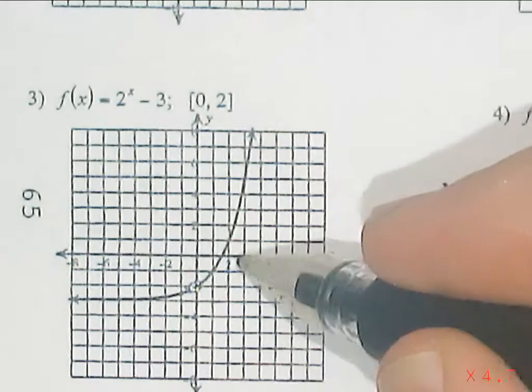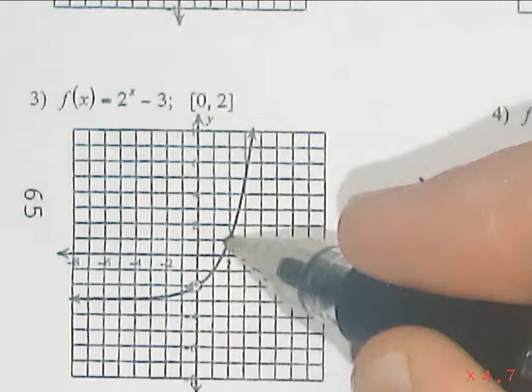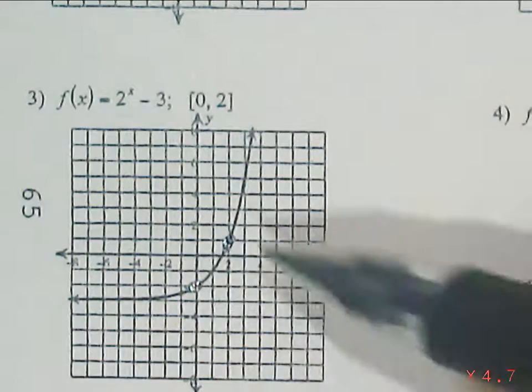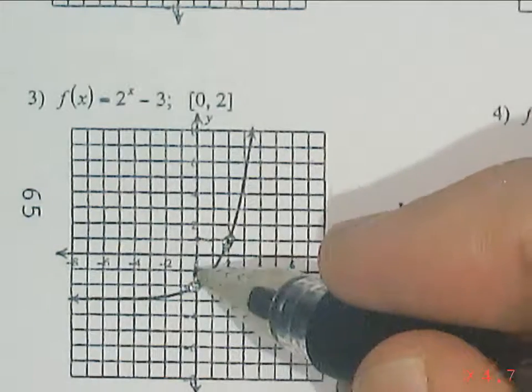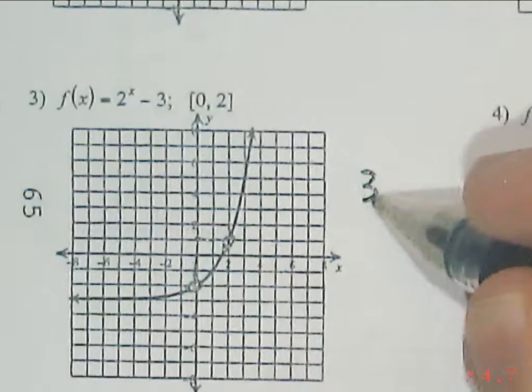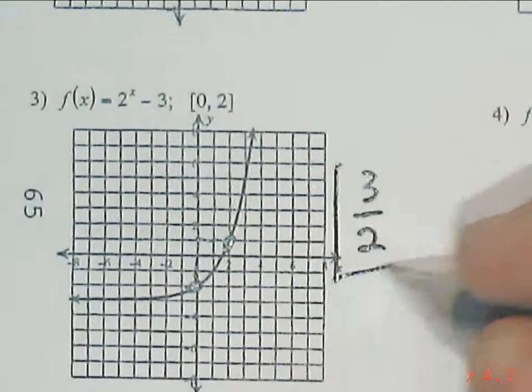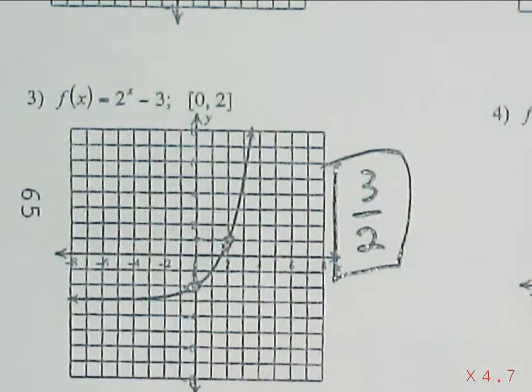Then I'm going to go to 2, go up to my line, and put a point right there. Then I'm going to figure out my rise and my run. So I went up 1, 2, 3, I went over 2. My slope would be 3 over 2. And that's my answer.